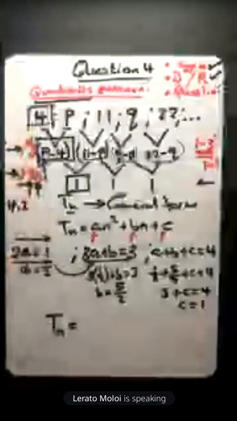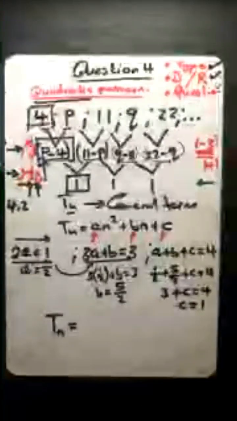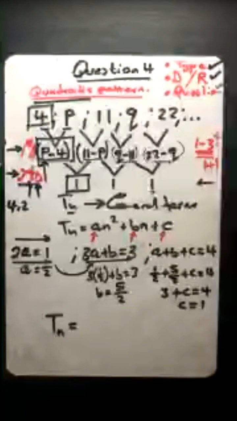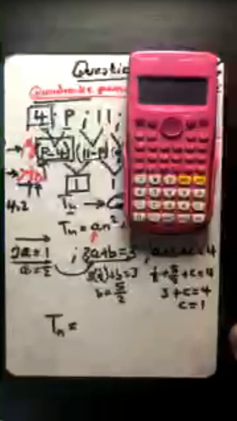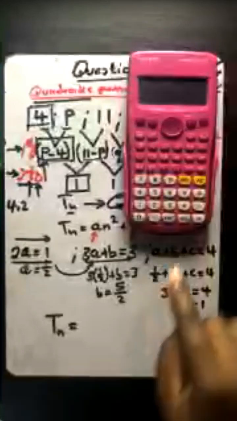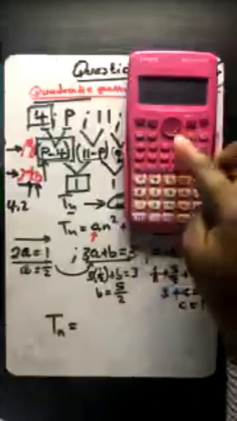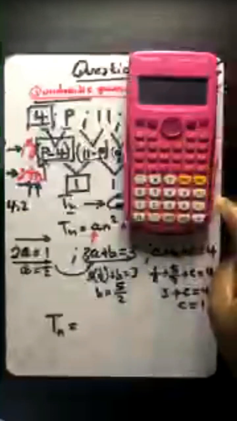Sorry, sir, I think you made a mistake. Where did I make a mistake? Let me get my calculator. Sir, when I calculated, I got 2 for the value of C. Let's see. What is 2.5 plus half?